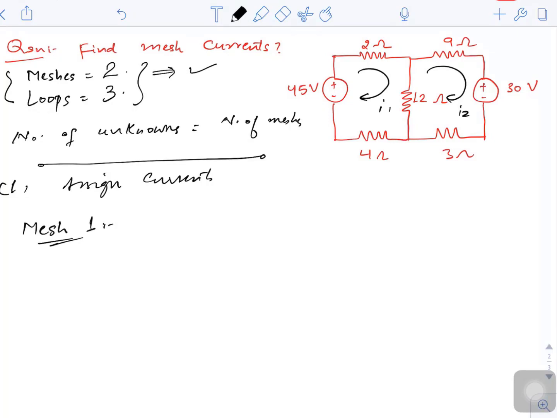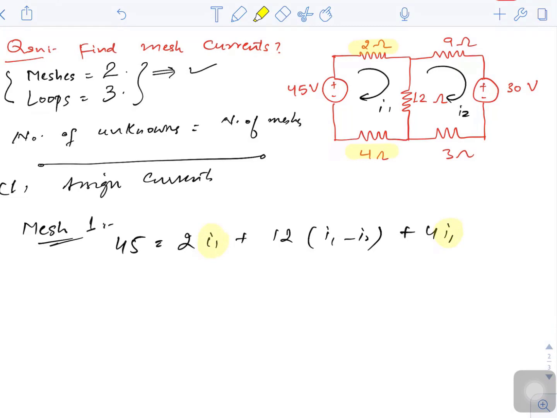So we would write the simple KVL equation, that is 45 is 2I1 plus 12 times (I1 minus I2) plus 4I1. While we are applying KVL, as you can see, in this 2 ohm there is only one current, that is I1. In this 4 ohm there is again only one current involved, that is I1. So that is what we have written here.